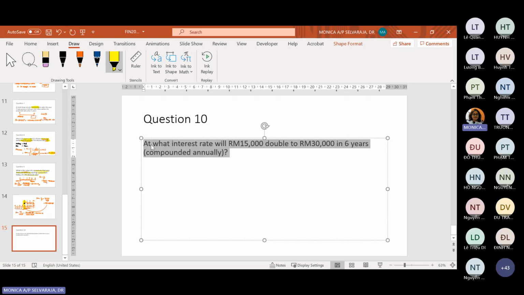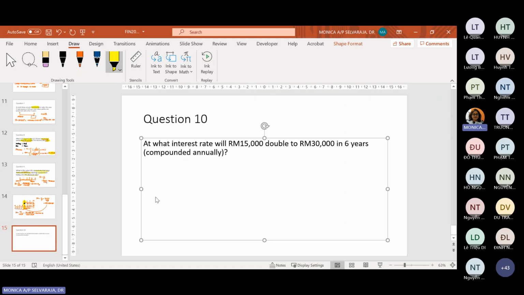At what interest rate will 15,000 double to 30,000, compounded annually? So for double, we can use the double. So at what interest rate will it double?